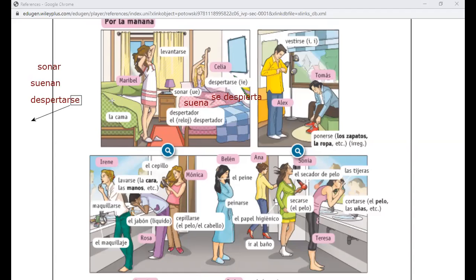And then she realizes that in order to do the action, she has to conjugate the verb, which is irregular, and she's going to make a change here, right? All right, now she can wake up. And now, por la mañana, se despierta. Do you see how it worked?